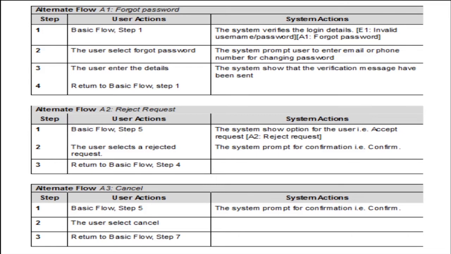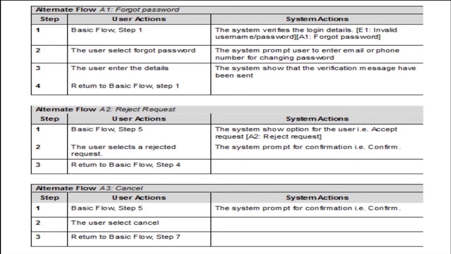Then alternate flow A2, reject request. It happens in basic flow step 5. The user selects reject request. When the user selects reject request, the system prompts for confirmation: are you sure to reject, or cancel? And then it will return to basic flow step 4.